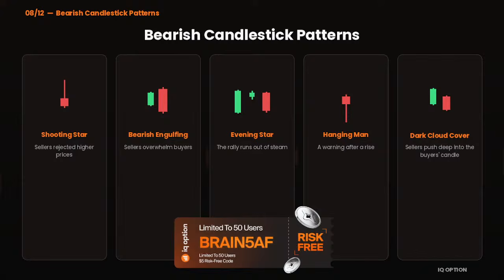Just like it happened in the bullish engulfing. In the bearish engulfing, the story is the opposite. This one is for the sellers. Buyers try to take over the market, but then sellers come in and push the buyers strongly with a much stronger resistance, and then they completely overwhelm the buyers and take control of the market.